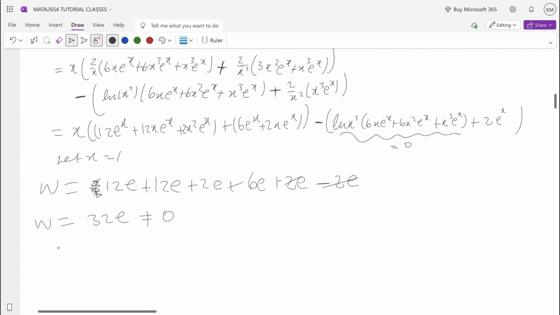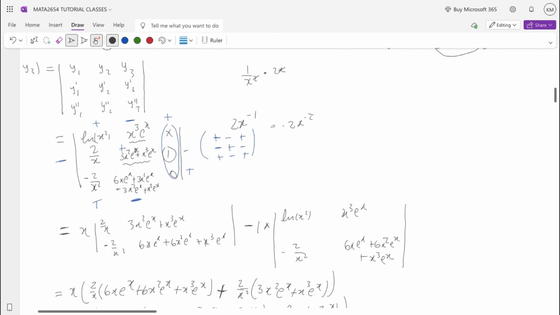So to conclude, we can say, therefore, since it's like this, we know it's linearly independent. If it's linearly independent, then it also implies that we can write the general solution. So C1 y1, what is y1?